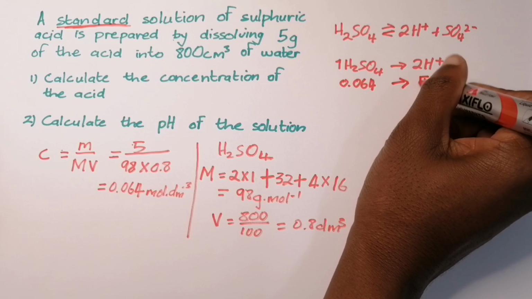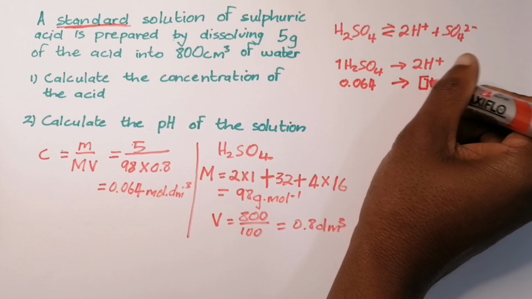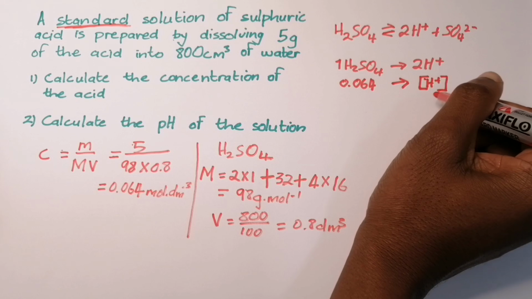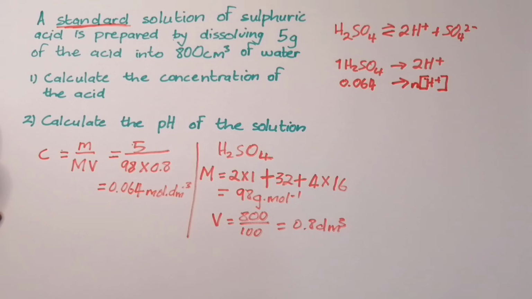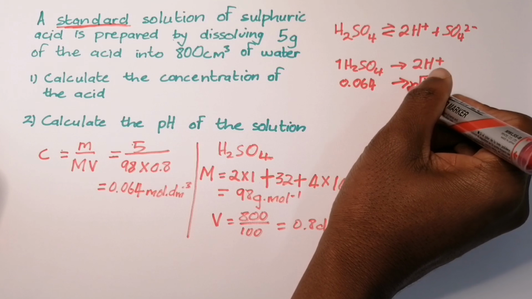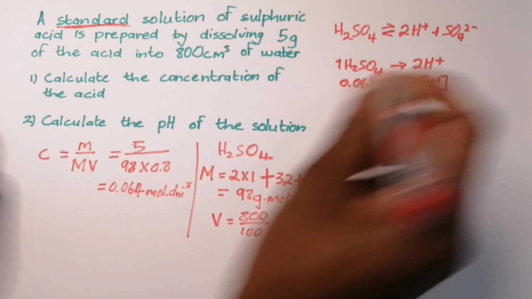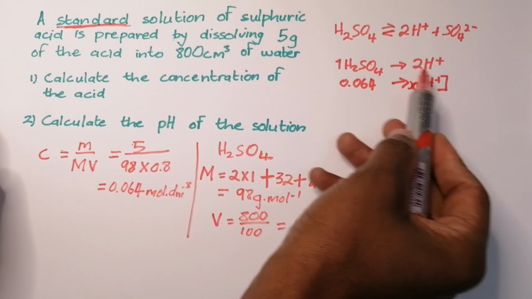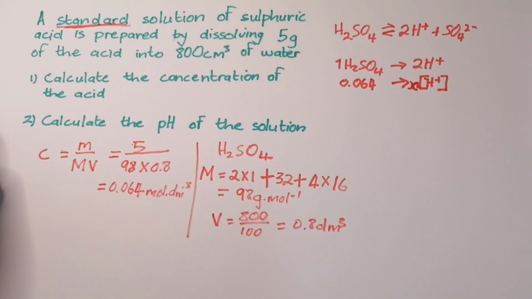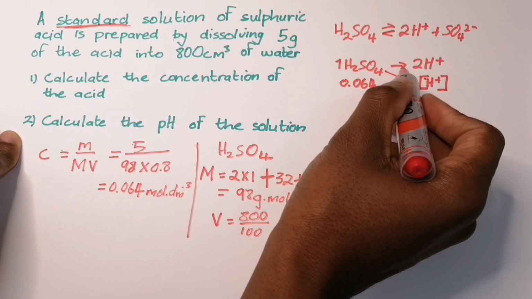Let me put H plus concentration there, or let me use X. So you can cross multiply.